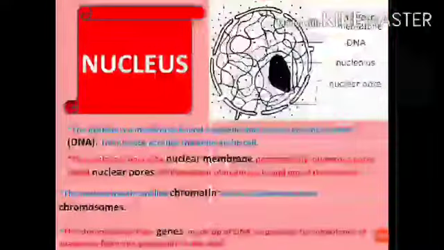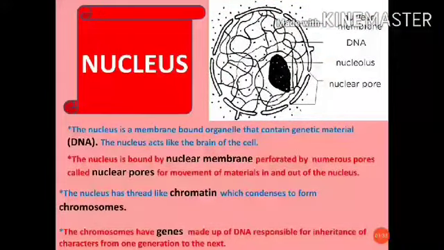Another very important component of the cell is the nucleus. The nucleus is generally spherical in shape. You can see the shape of the nucleus. It is spherical and located around the center in an animal cell, while in a plant cell, large-sized vacuoles push the nucleus to the periphery or the edge.